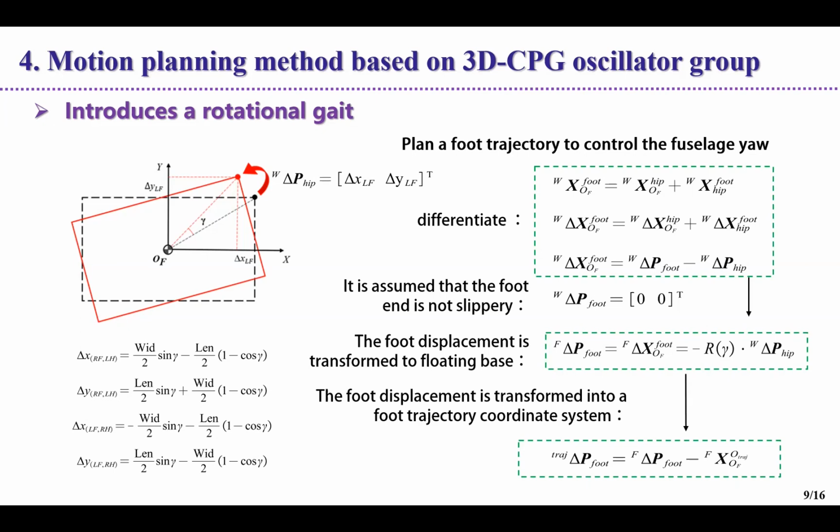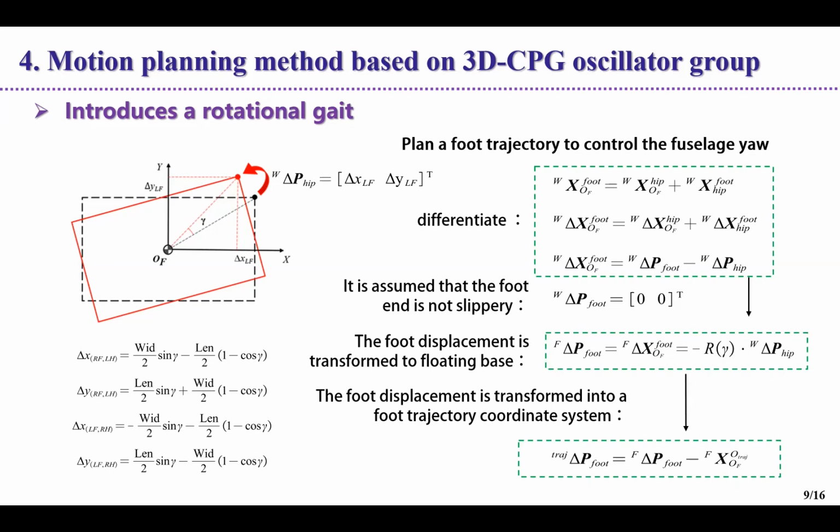A steering program can be decoupled into two components. First, moving forward along the x-axis of the floating base system, and second, rotating around the z-axis of the floating base system.